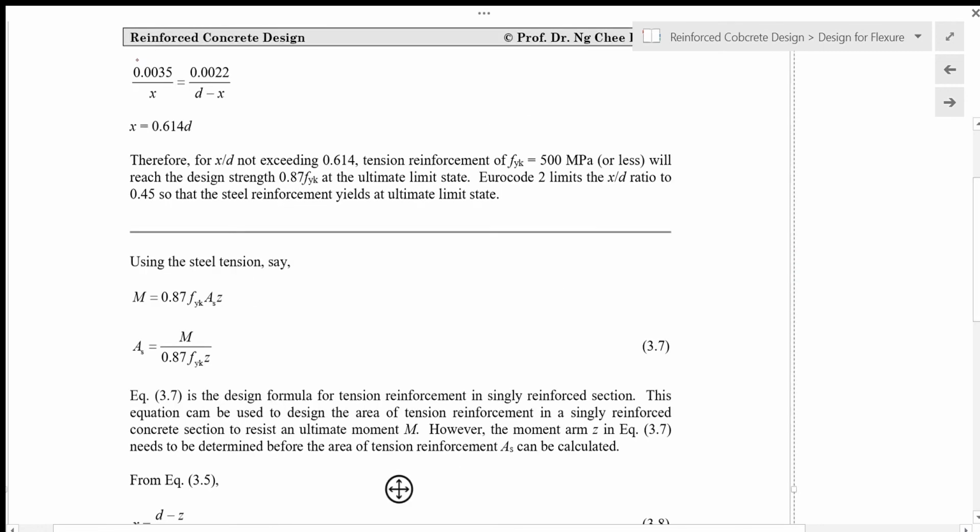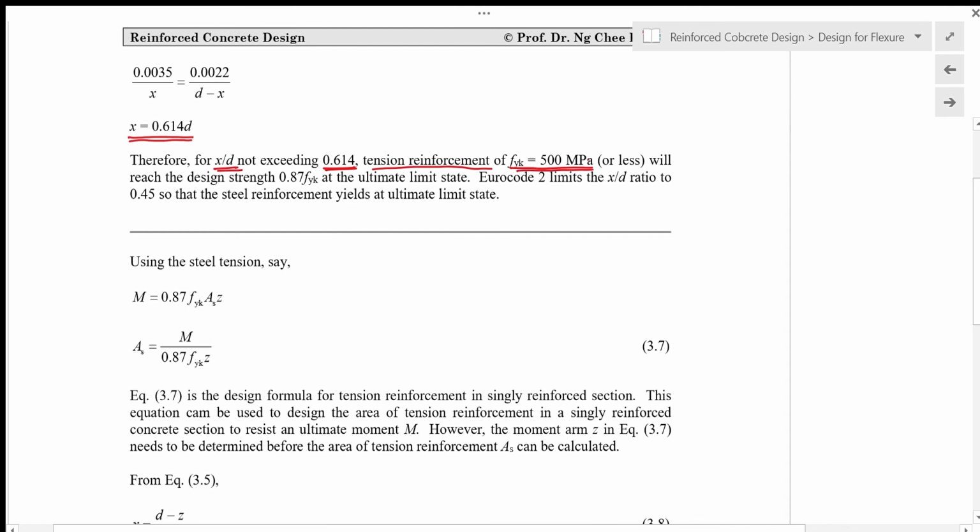So epsilon cu is 0.0035 over x is equal to epsilon s, which is 0.0022, over d minus x. So that gives us x equal to 0.614d.